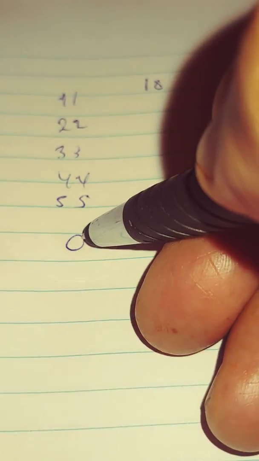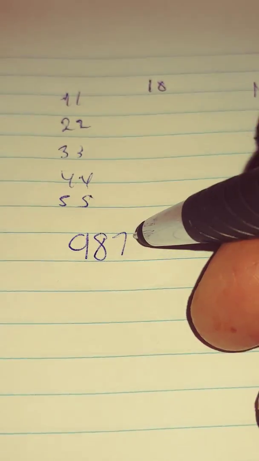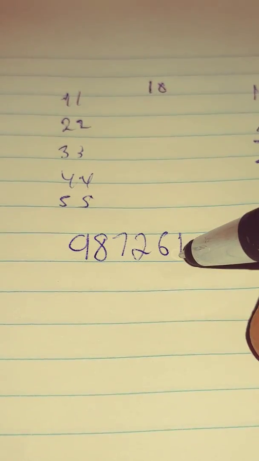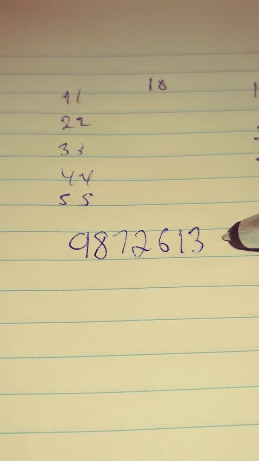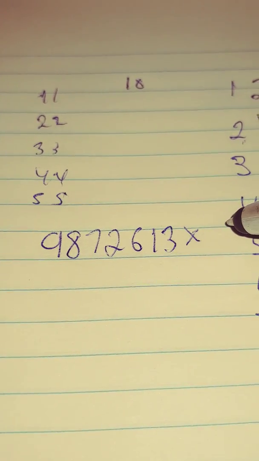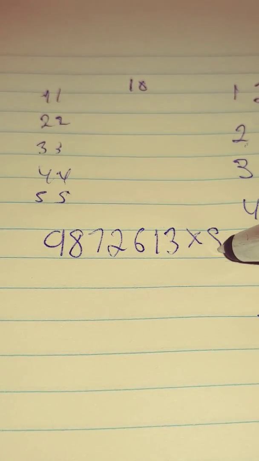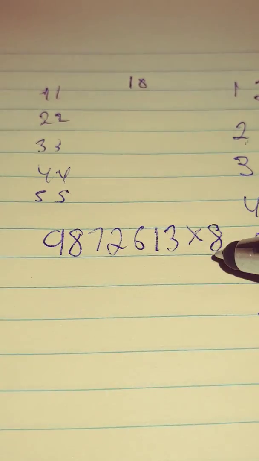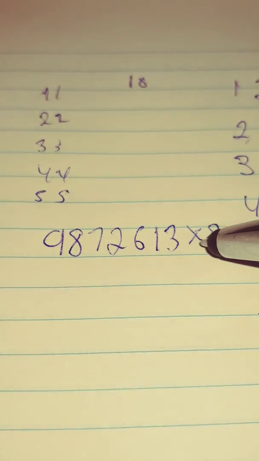Pick any number you want. Let's go 9, 8, 7, 2, 6, 1, 3. And we'll go times, let's go 8. Okay. Again, you could sit here and you can work this out.